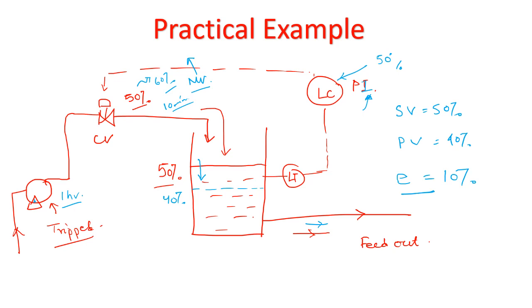So in the 1 hour, the error is still there, and it will cause the MV to increase continuously, and it will cause the output of the controller to increase, say, to 100%. So the valve will open at 100%. So the valve will remain open at 100%.